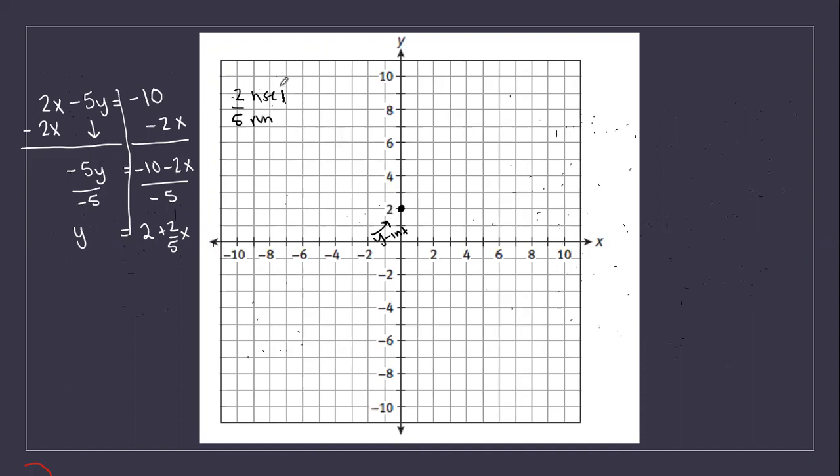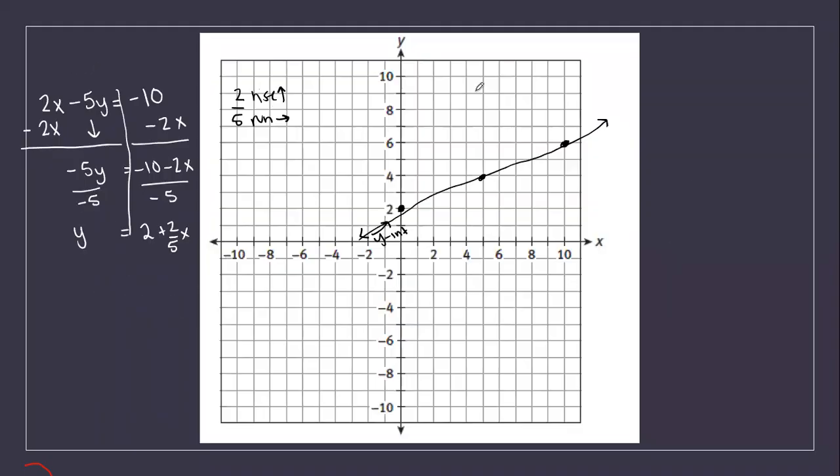And since this is positive, I go up 2 and I go to the right 5. So up 2 over 5. Up 2, 1, 2, 3, 4, 5. Up 2 over 5. And this is what my line would look like. That one's not as straight, but you know what I mean.